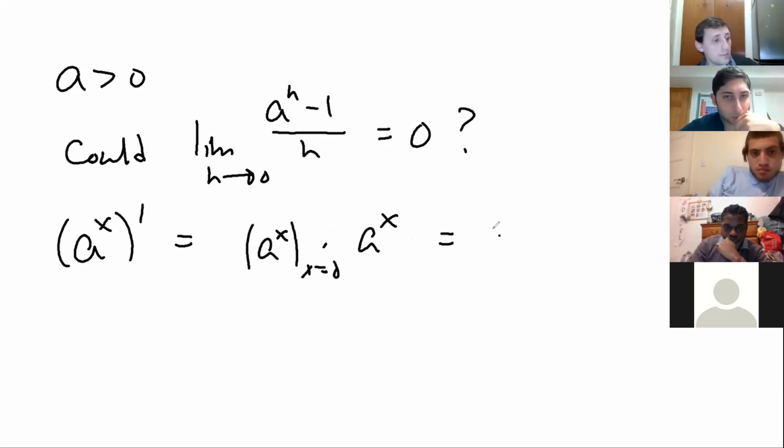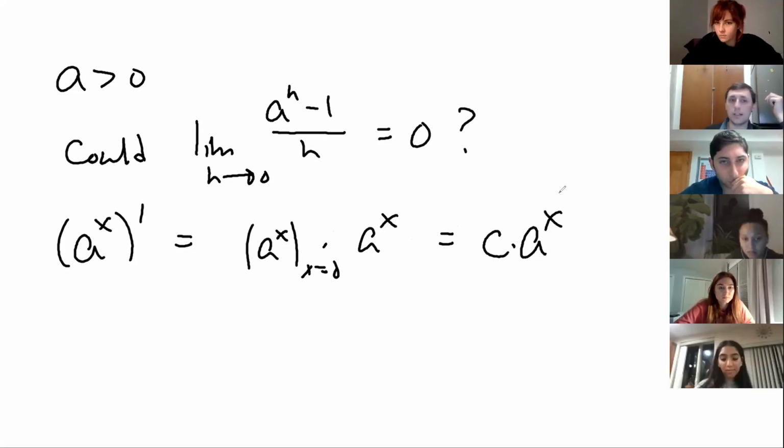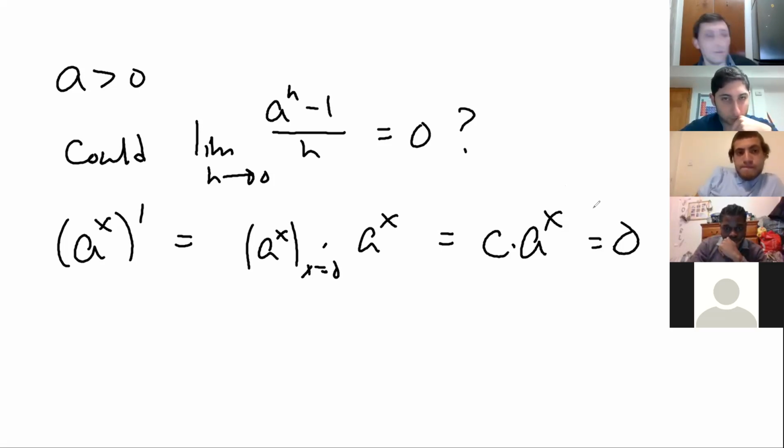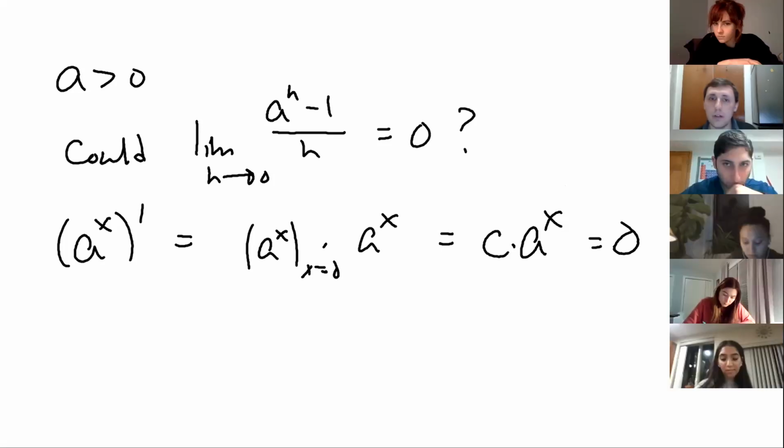So it's always some constant times a to the x. Do you agree? It's always a number times a to the x. Now, if that constant is 0, what happens? If the constant is 0, then the derivative of a to the x is 0 everywhere, for every x.